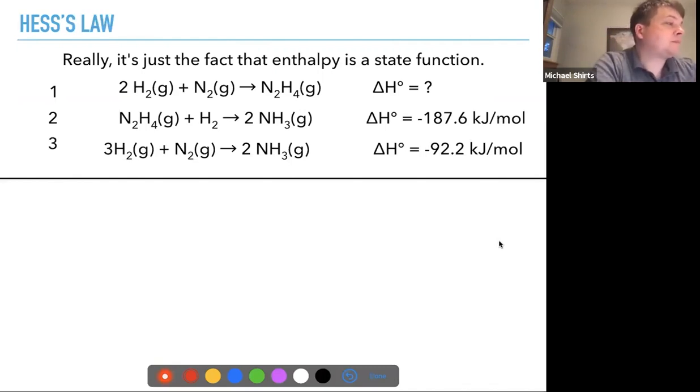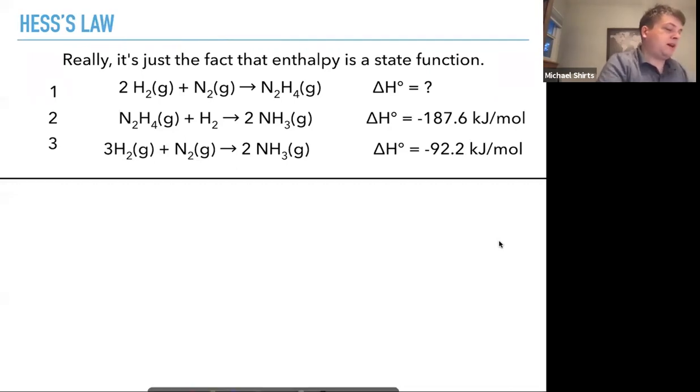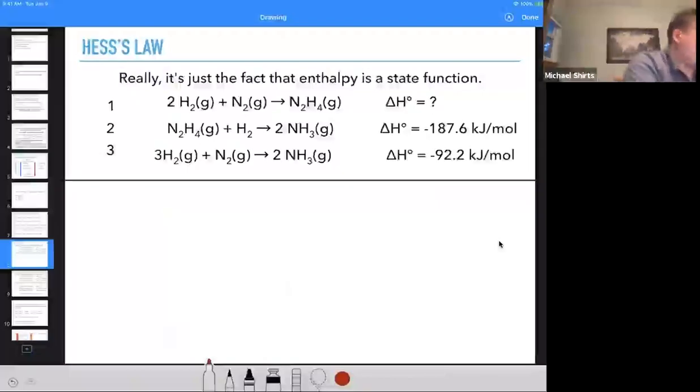Okay, well, what we can do is go through a route that goes through ammonia. So let's treat this as an algebra problem. We've got 2 hydrogen plus nitrogen goes to hydrazine, and that delta H is an unknown.